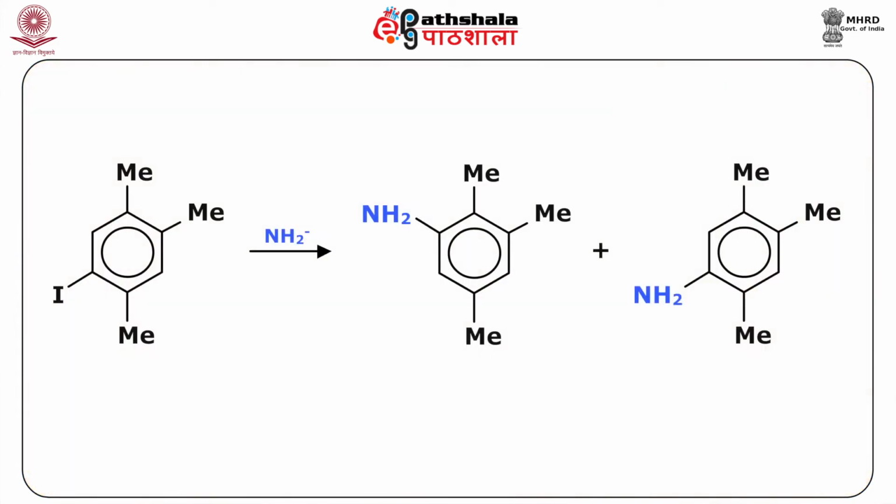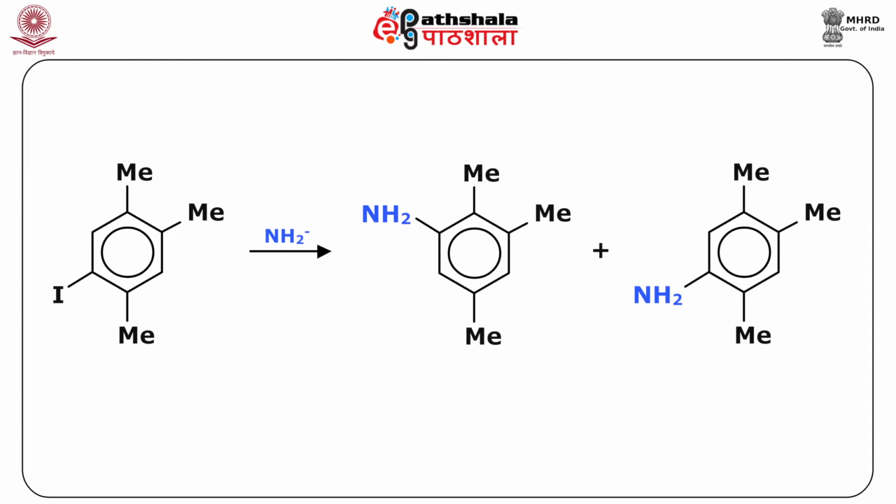When 5-iodo-1,2,4-trimethylbenzene was treated with a strong base such as potassium amide, NH2K, which is a potassium salt of amine, in the presence of ammonia, two products were formed in the ratio of 0.63:1.